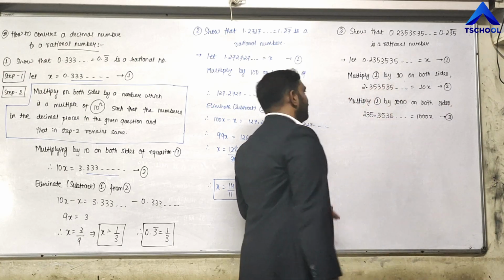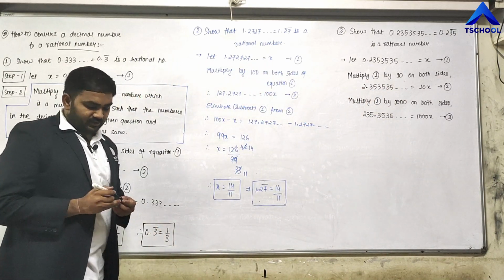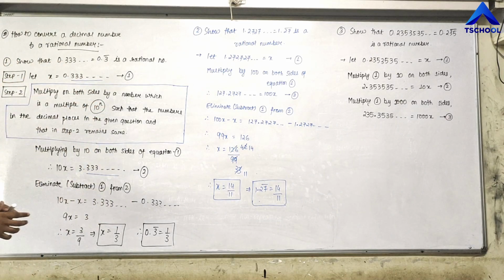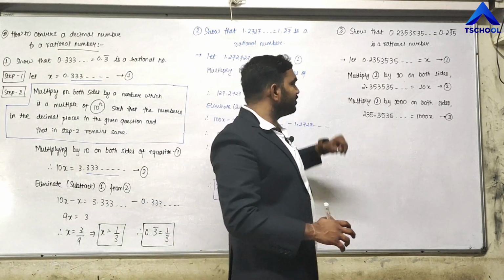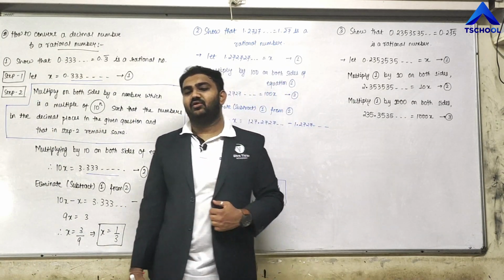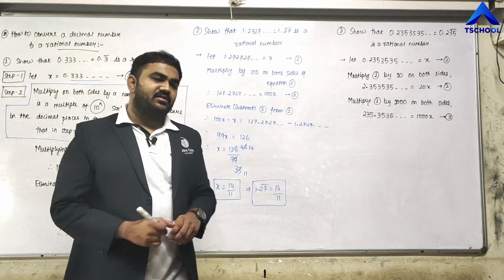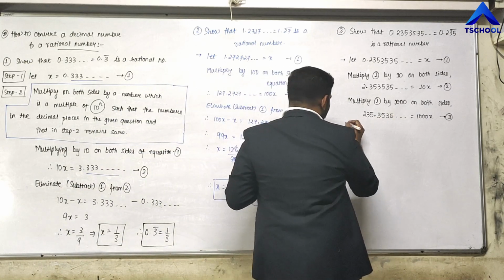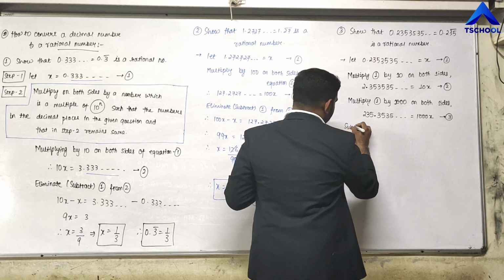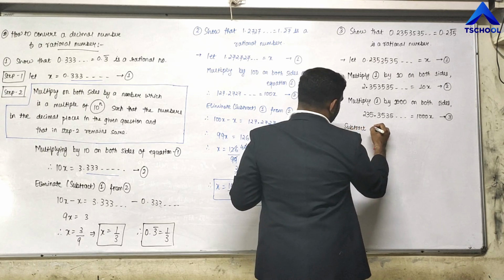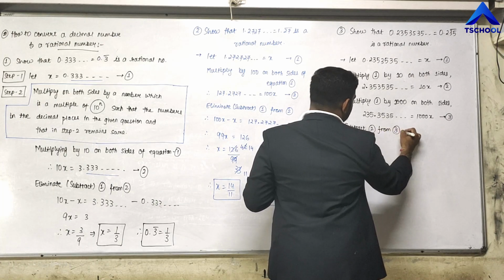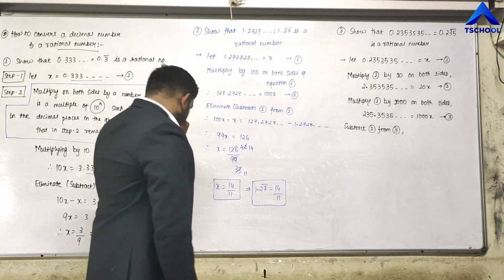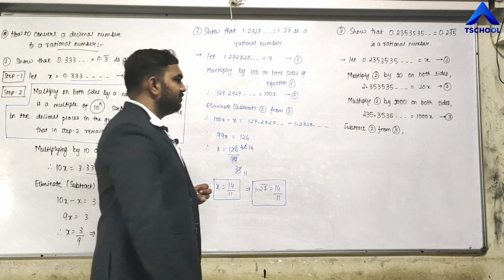Is it clear, friends? Now you can clearly notice that the numbers after the decimal are the same, 3535, in equation number 2 and equation number 3, not in equations 1 and 2, or 1 and 3. So what we do is subtract equation 2 from equation 3.